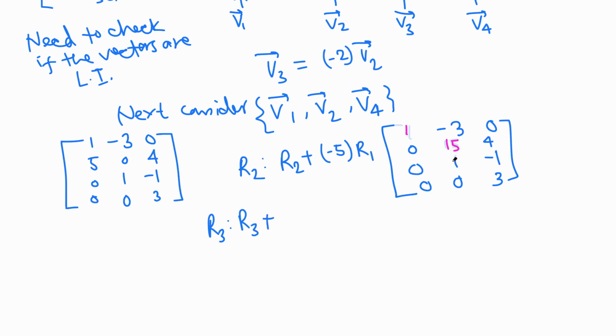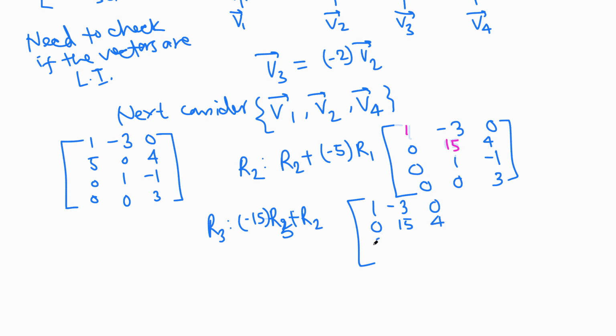We need to multiply R2 by negative 15, then add it to R3. Working only on R3, we get 1, negative 3, 0, 0, 15, 4.